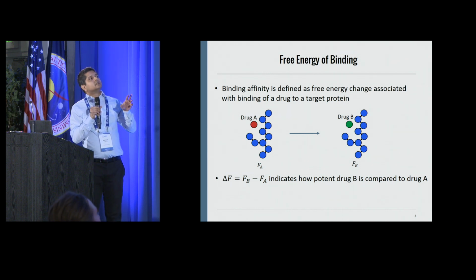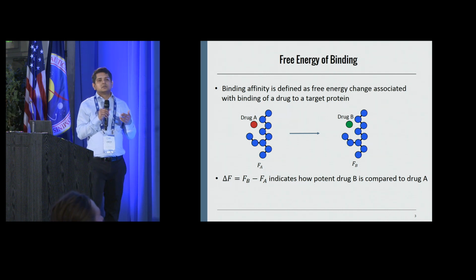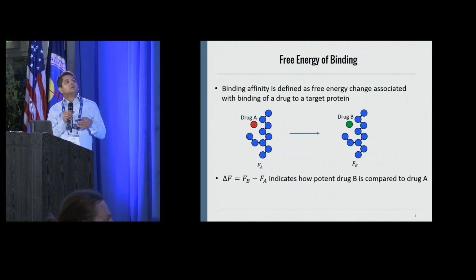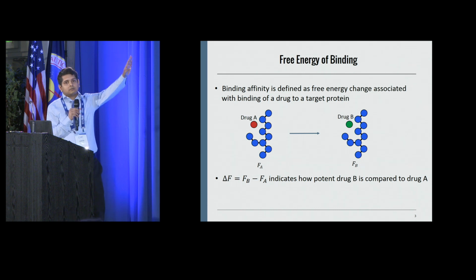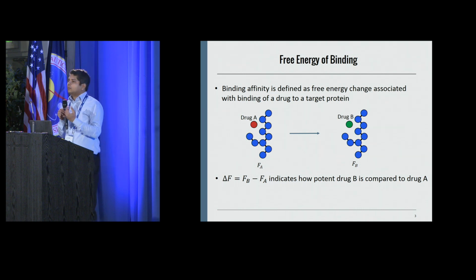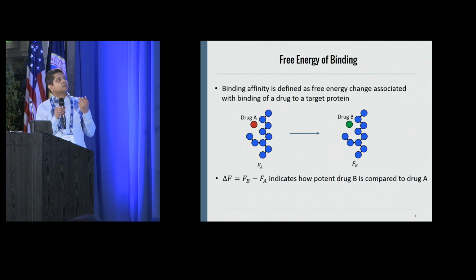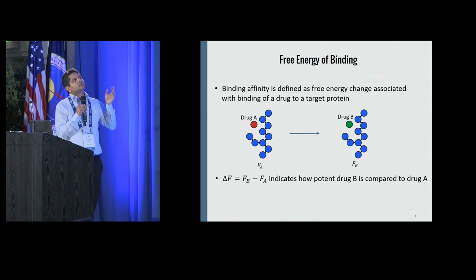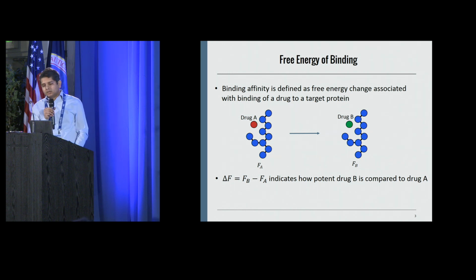The magnitude of this difference tells you which drug is more efficient compared to the other one. And this is the quantity people are interested in. In these cases, mostly it is already known where the drug binds to the protein. There's a specific location which people already know about, so you can consider this ligand fixed relative to the protein chain.